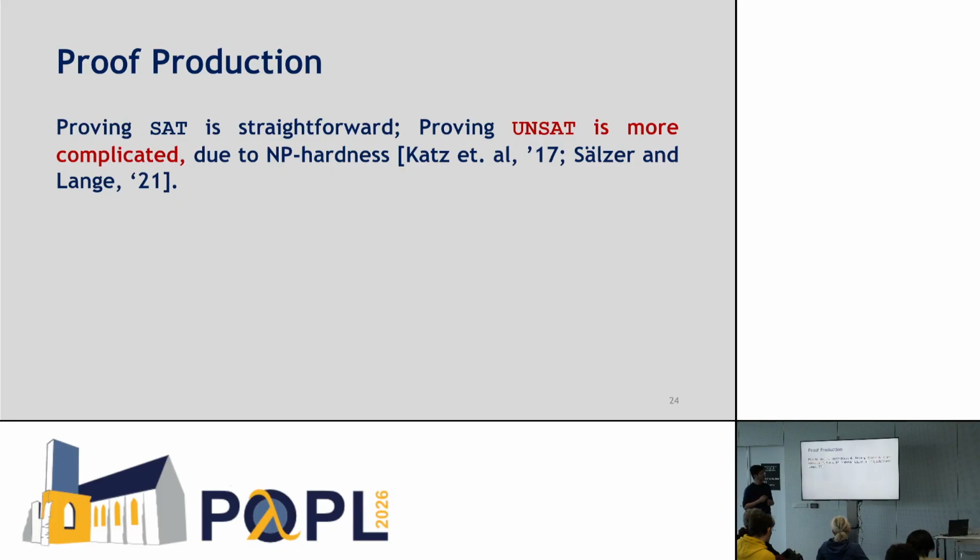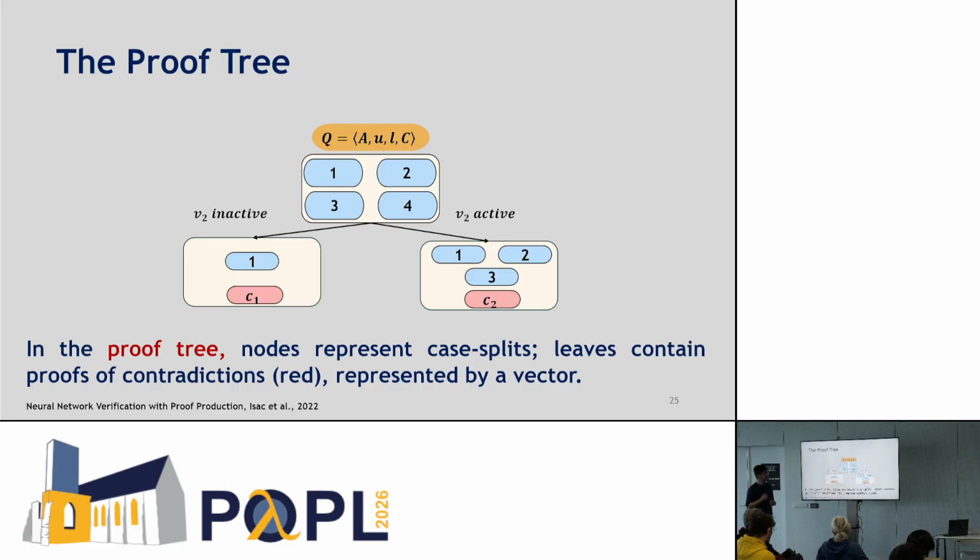But what we can do is produce a proof tree that concretizes the search tree, in which every node represents a case split that was done during the verification process, and every leaf has the proof of a contradiction for the corresponding subspace.